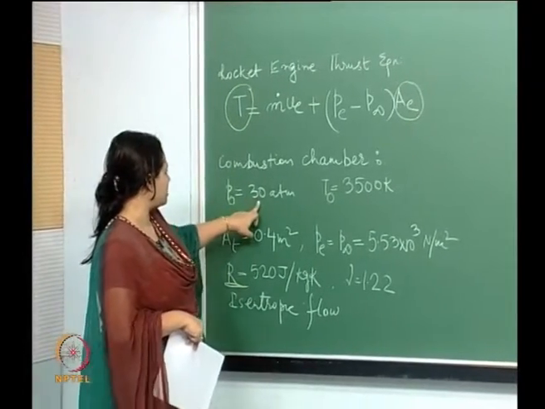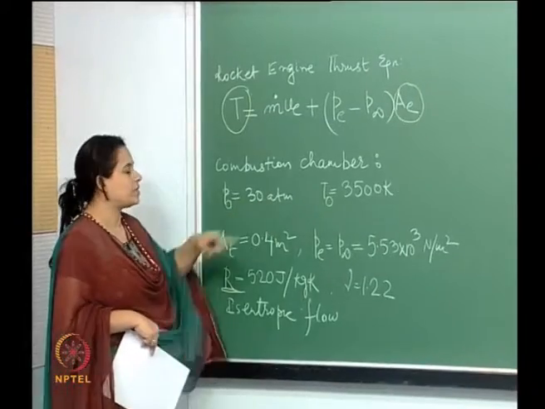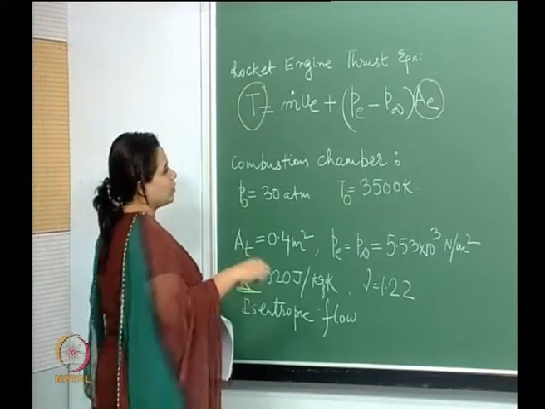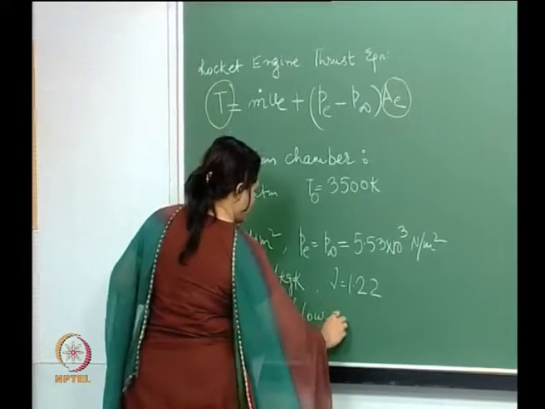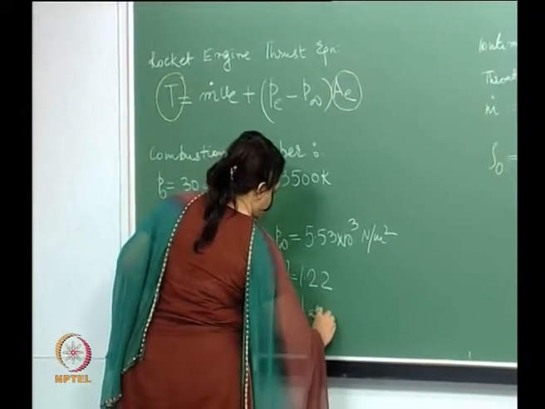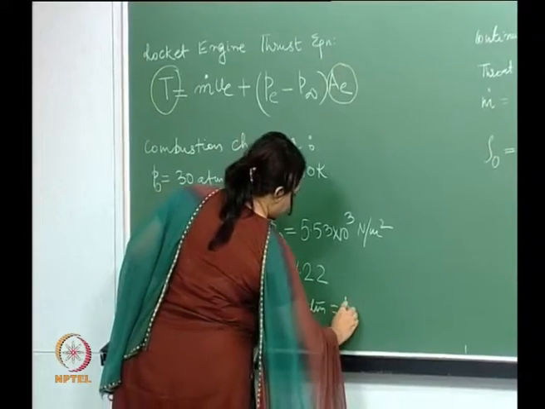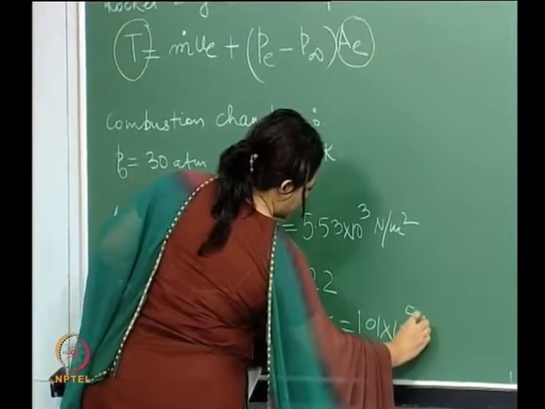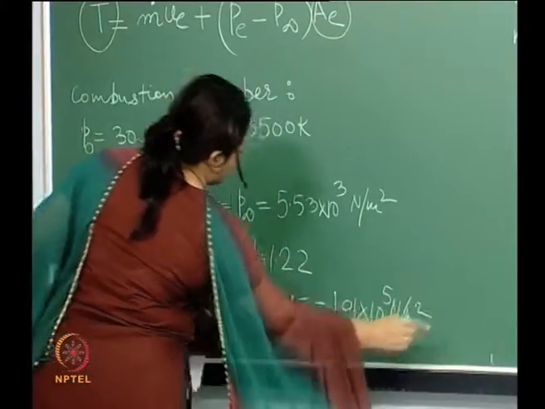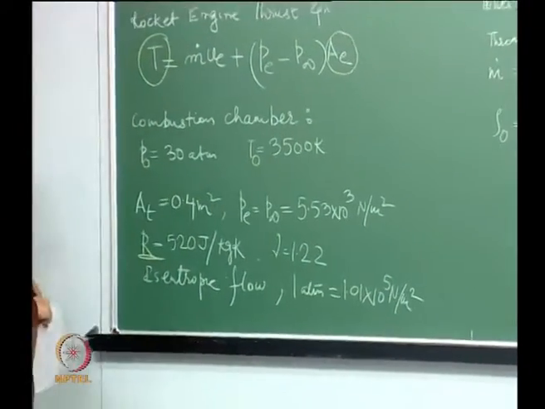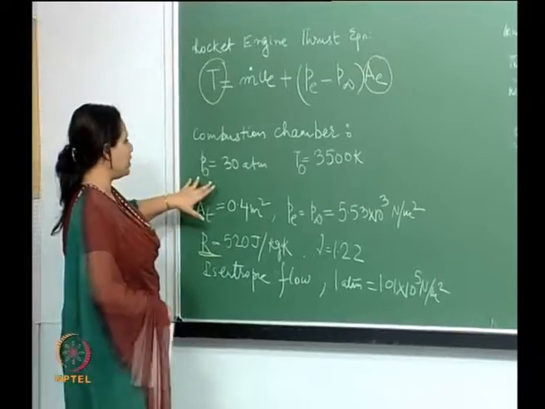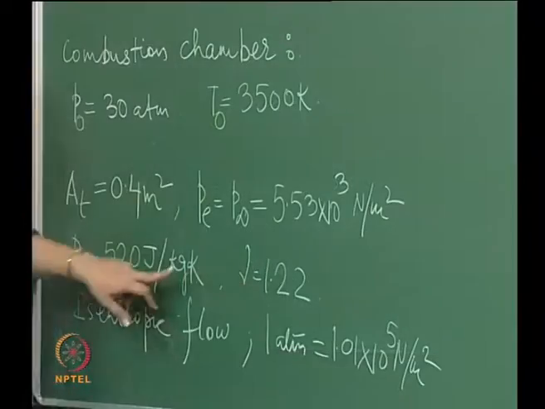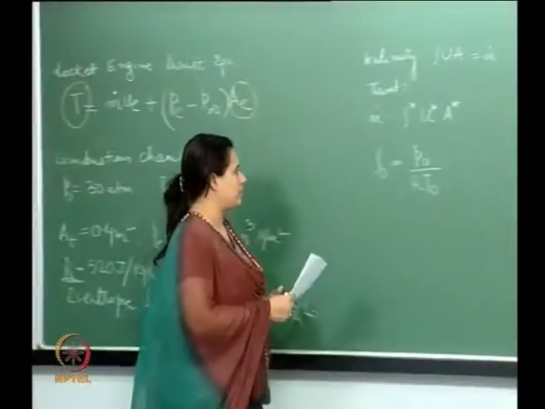So, P naught. Now, 30 atmospheres, and 1 atmosphere is how much, if you remember? 1 atmosphere is, in Newton per meter square, so we have got P naught, T naught and R. The temperature is in Kelvin, so that can remain in Kelvin.